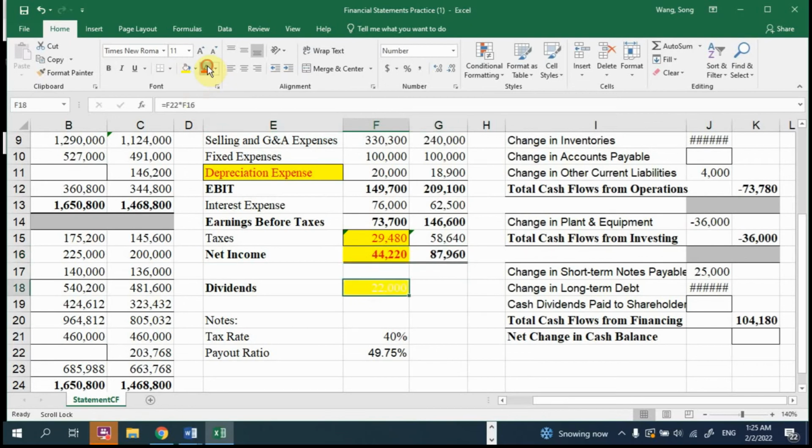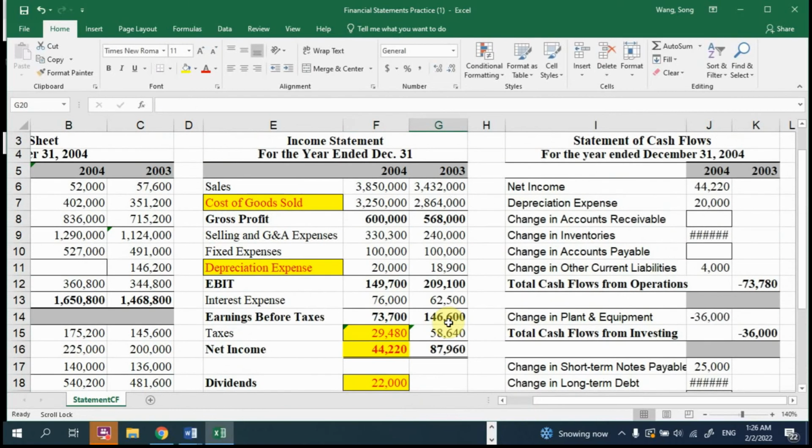Let me highlight it here. You will see dividends equal the payout ratio multiplied by net income. So basically this is a little review of an income statement. You should know all the items here and how to calculate some key items.